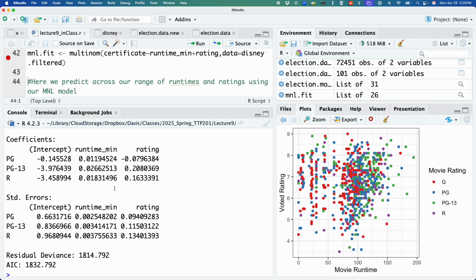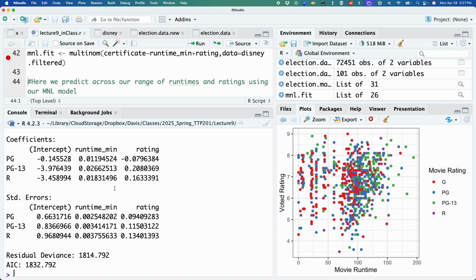Okay, what are we looking at here? So we have coefficients and we have standard errors. For the outcome of PG, it has an intercept value of negative 0.14, runtime of 0.01, and a rating of negative 0.08.